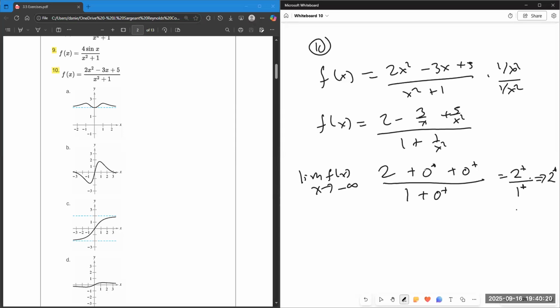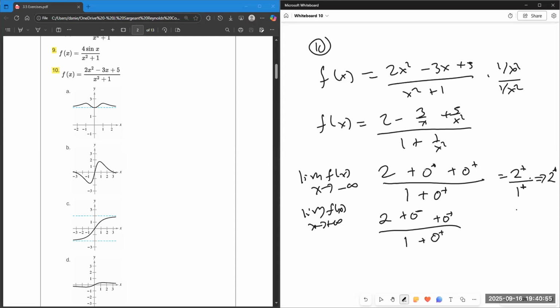And then the limit of f of x as x approaches positive infinity, this is 2. It's a number a little bit less than 0 plus a little bit bigger than 0 over 1 plus a number a little bit bigger than 0.